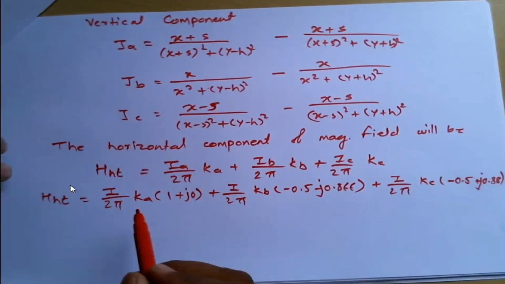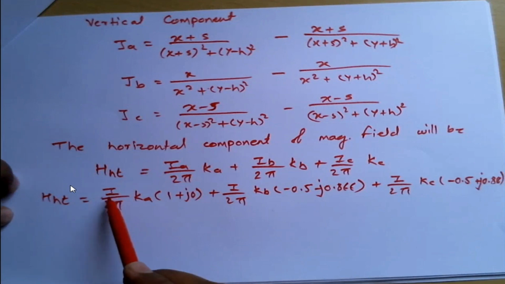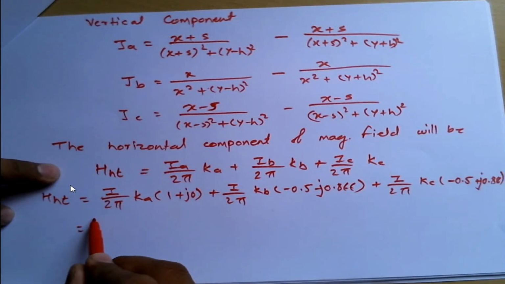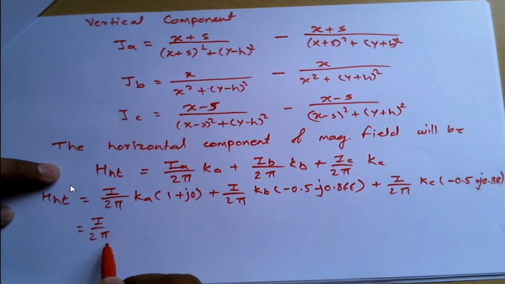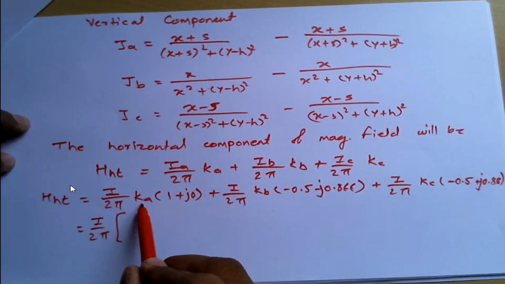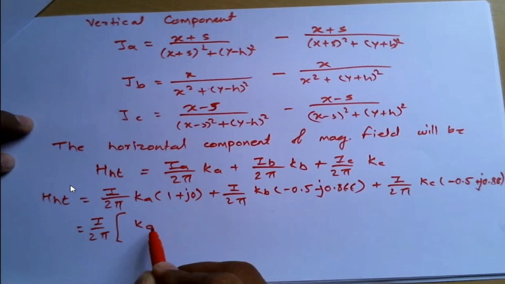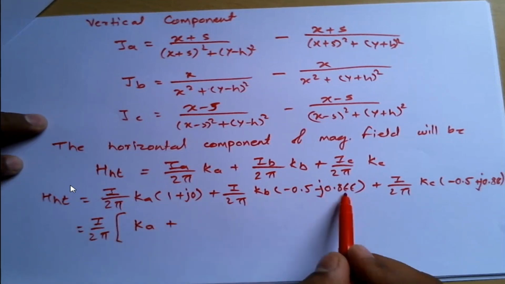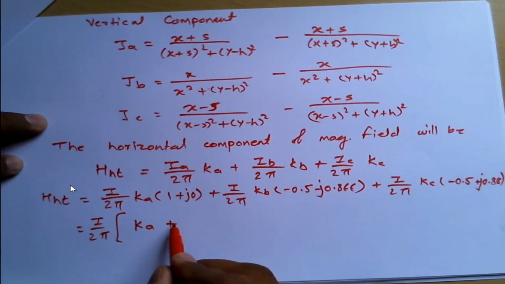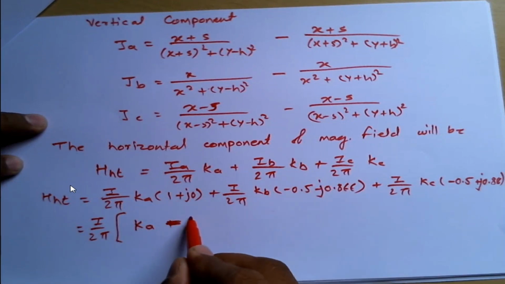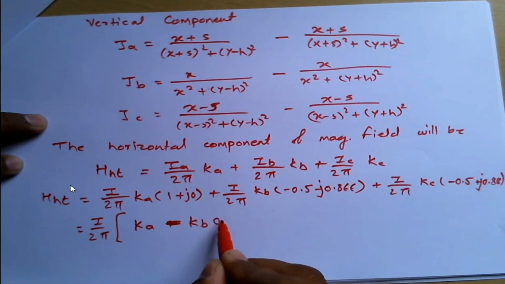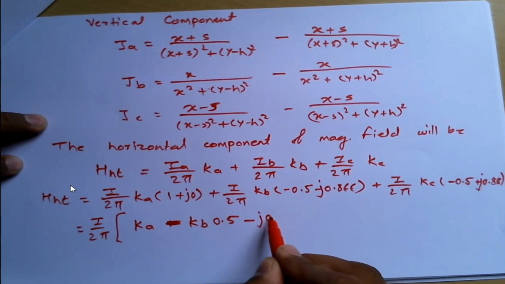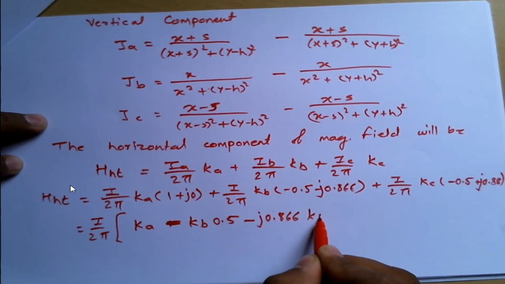Okay, after that, I will just take this I upon 2 pi common throughout the bracket. So what remains in the bracket? Ka into 1, it will be only Ka, plus I have to multiply this term by Kb. So here it will become minus Kb into 0.5 minus J 0.866 into Kb.